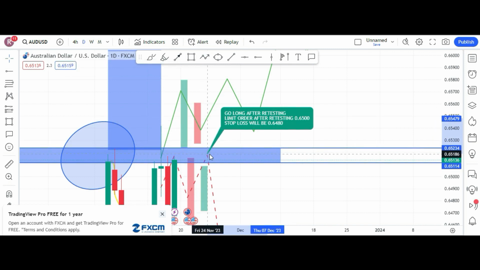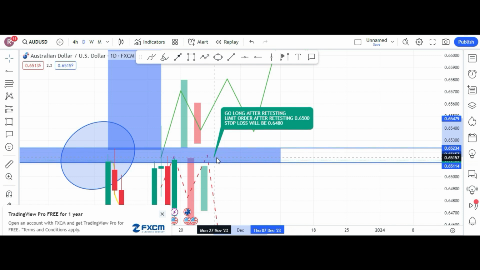So we are looking for the price to come back here after the retest. I repeat, it's too low, sorry traders, I think it is too low.